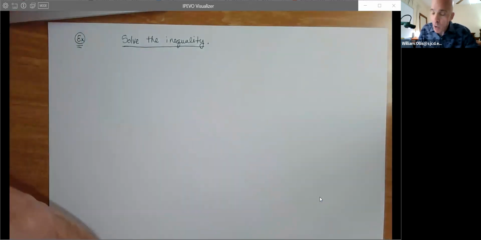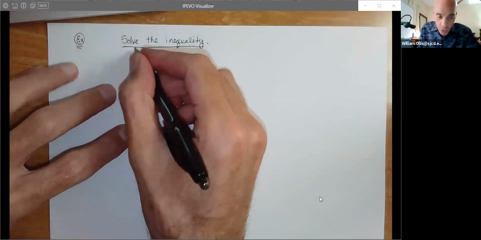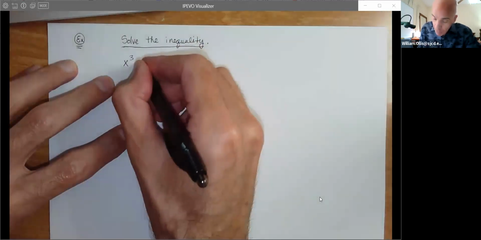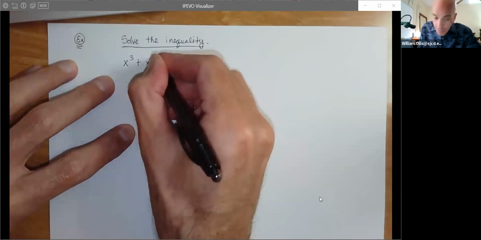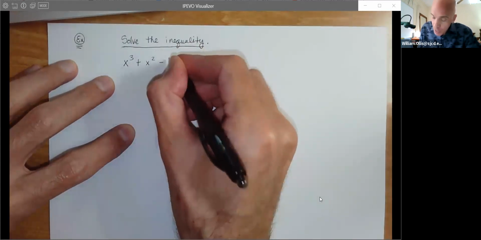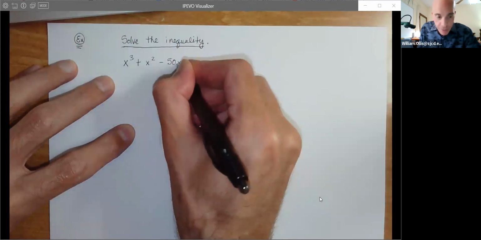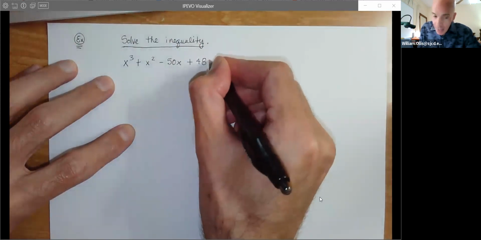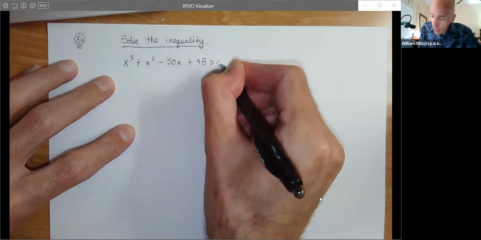So now what I want to do is look at this particular example. We have x cubed plus x squared minus 50x plus 48 is greater than or equal to 0.